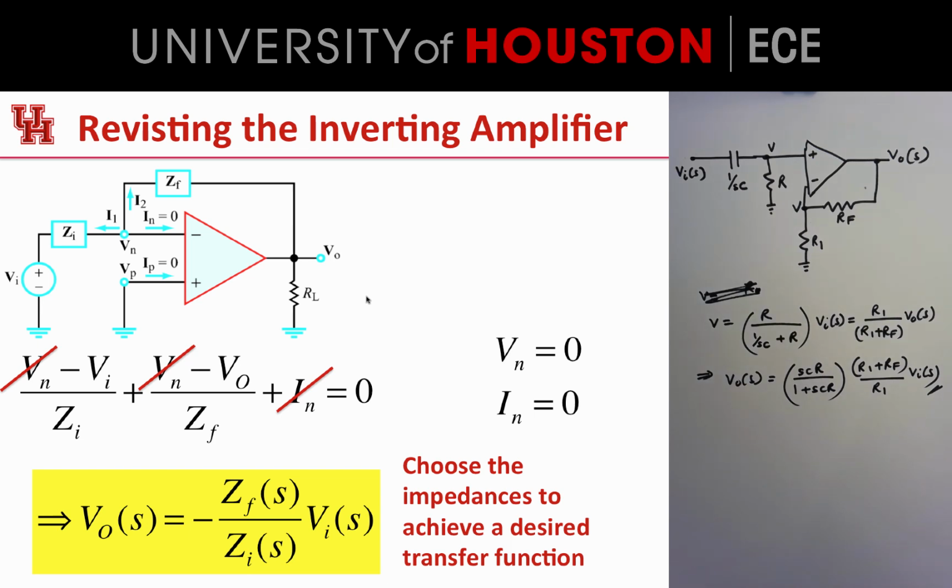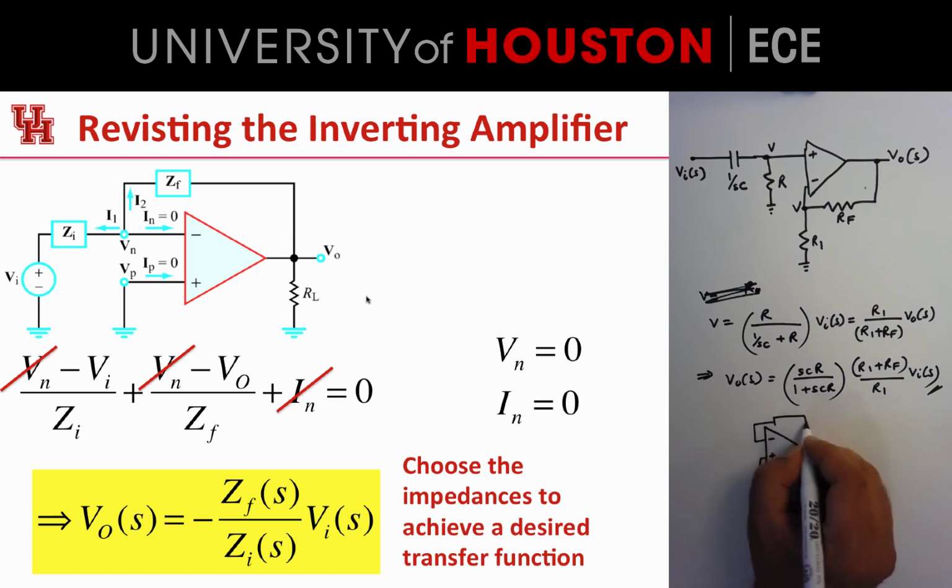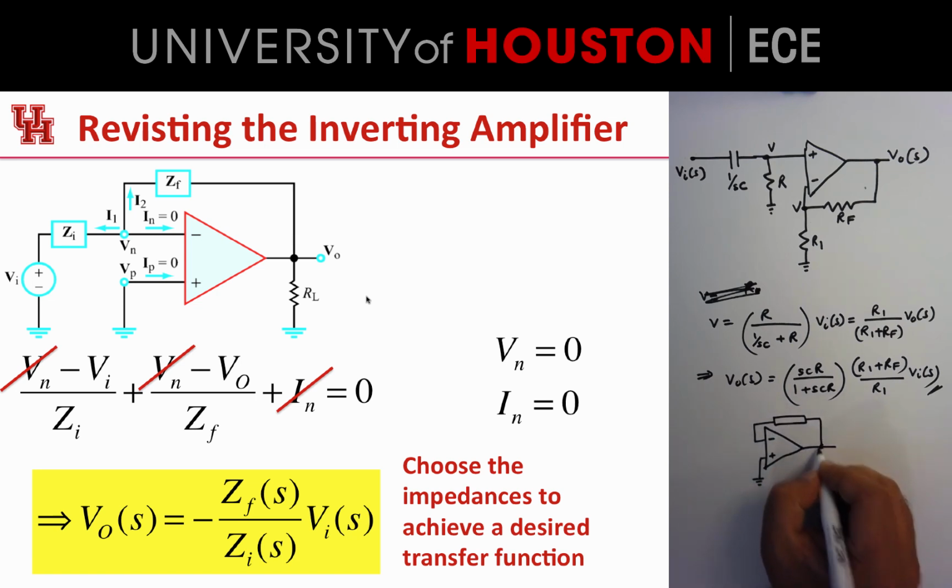So with this in mind, we can basically revisit our inverting amplifier. Remember this guy? Minus. So this one was set to ground. We used to have a resistor here. Now we can have a general impedance here.